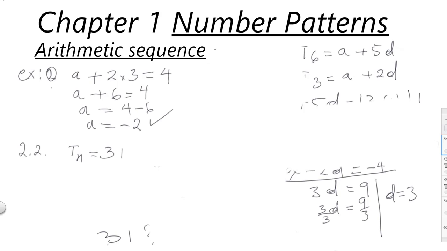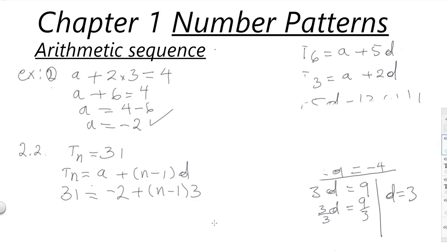We are looking for n, which term. We're going to use this formula, Tn equal to a plus n minus 1 common difference. So instead of Tn we put 31. First term is minus 2. And our common difference is 3.